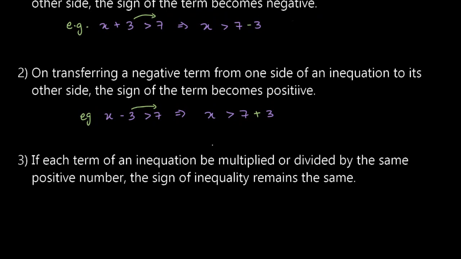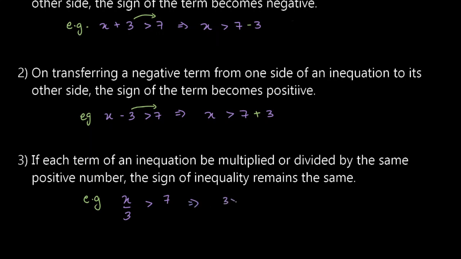If each term of an inequation is multiplied or divided by the same positive number, the sign of the inequality remains the same, right? So basically, if I have x upon 3 is greater than 7, what I'm doing is multiplying each term of the inequation by the same positive number.